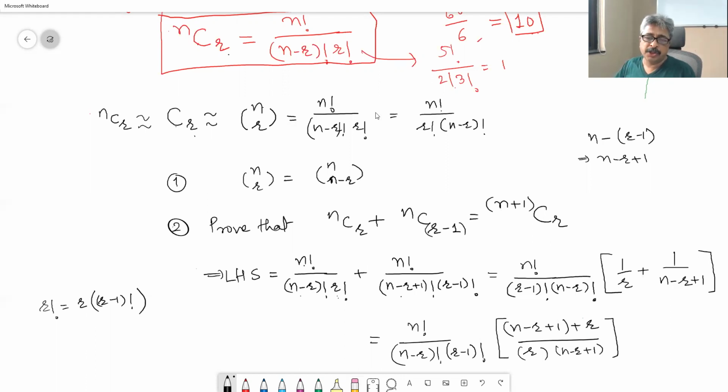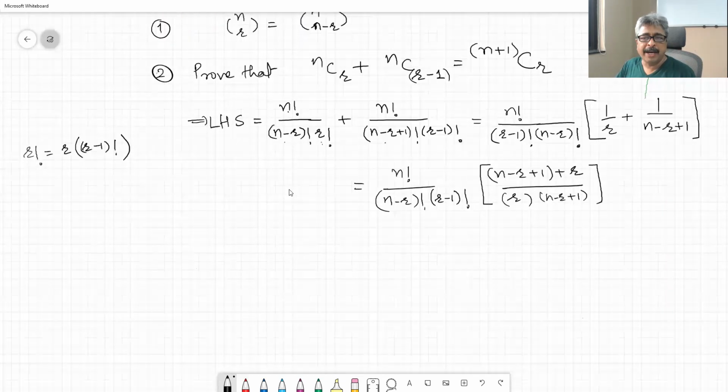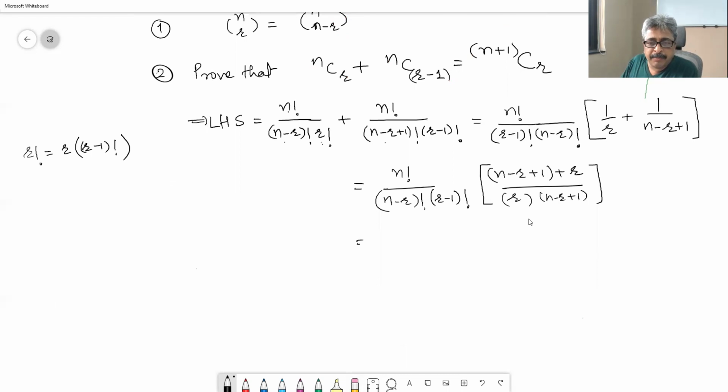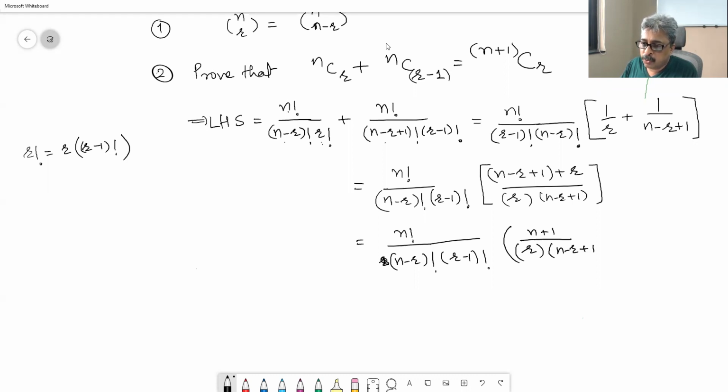This is the simplification of the bracket. It makes N factorial upon N minus R factorial into R minus 1 factorial. Inside the bracket, R gets cancelled, we get N plus 1 divided by R into N minus R plus 1.